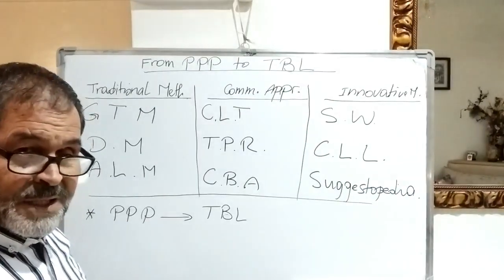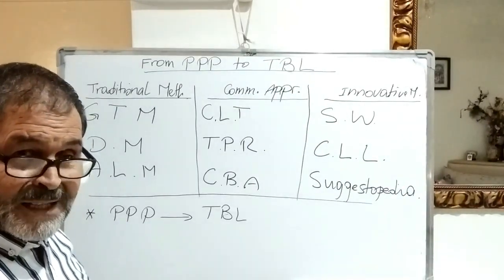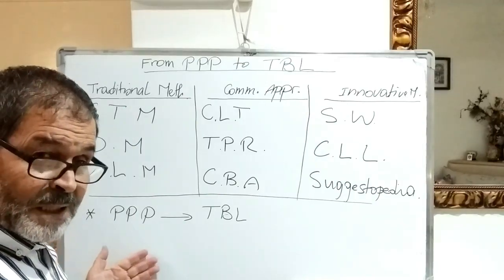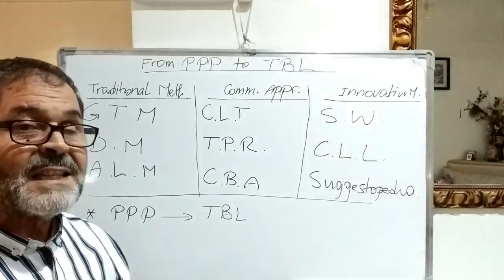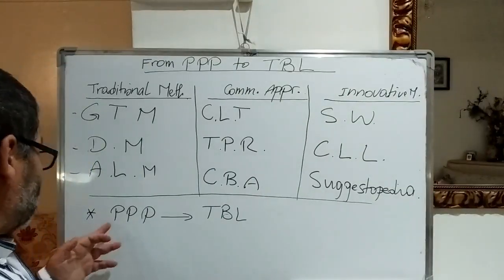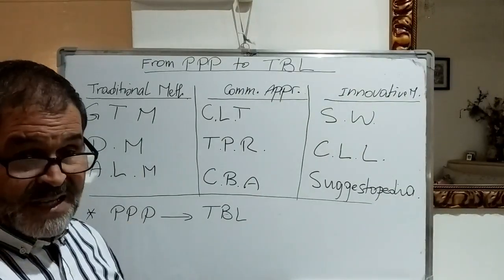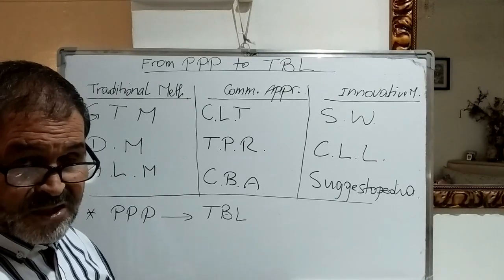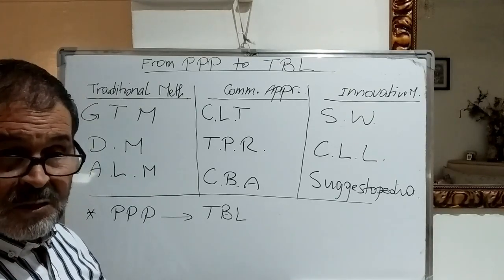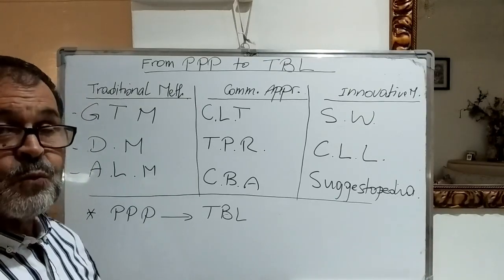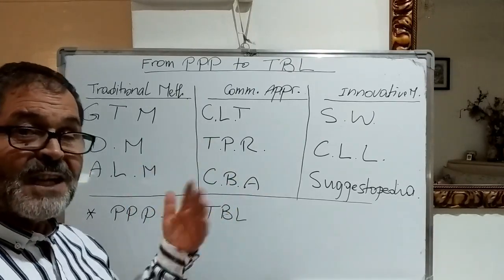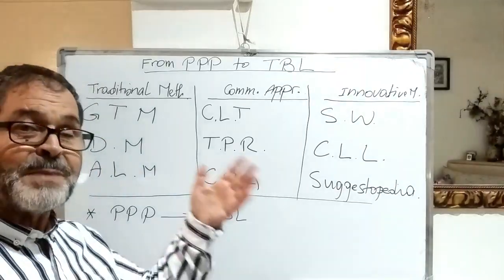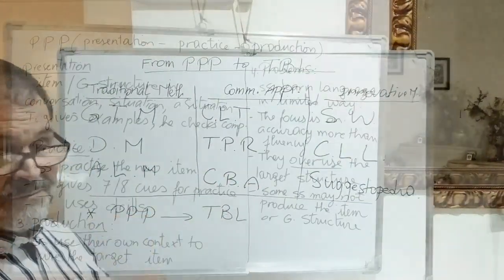So we are going to see what the defects of the PPP method are. Are we still using it? Or what are the limitations? Certainly the PPP method has some limitations, has some problems, and we are going to see these problems and what makes educators think of communicative language teaching, task-based learning, competency-based approach, and so on.